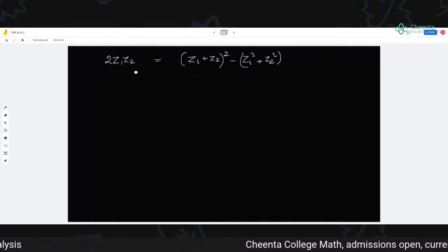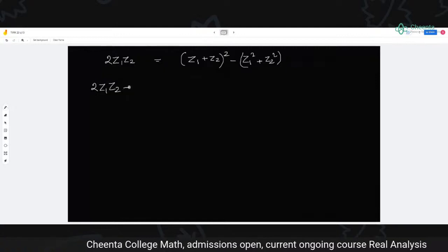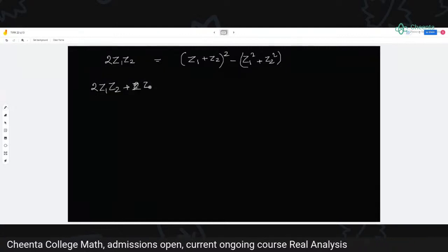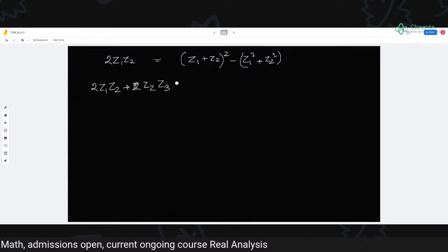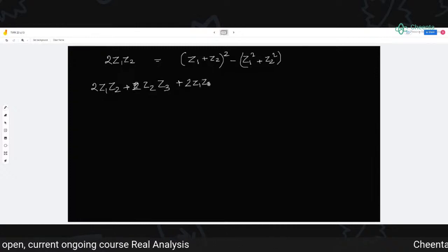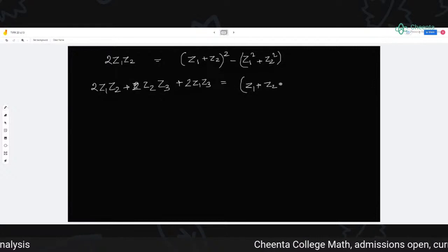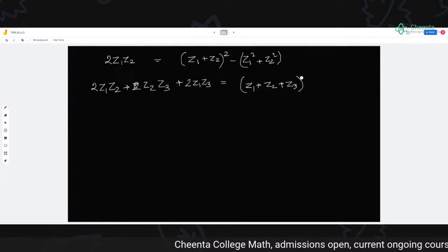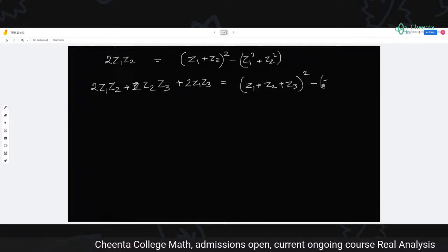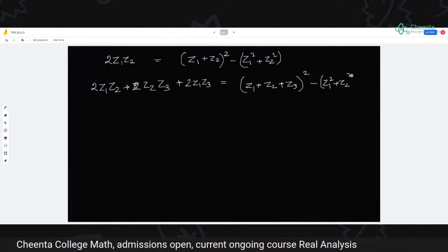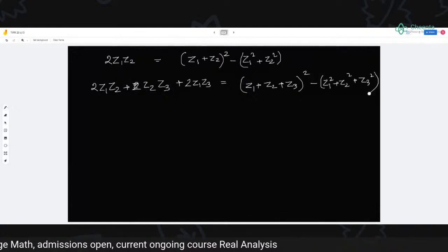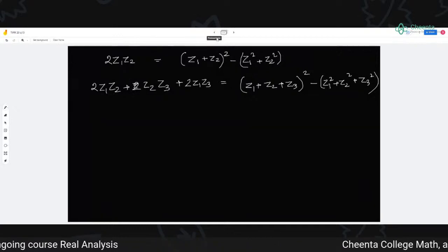If you take 1, 2, 3, then you have 2 z1 z2 plus 2 z2 z3 plus 2 z1 z3. So what will happen? You will have z1 plus z2 plus z3 whole square minus z1 square plus z2 square plus z3 square.